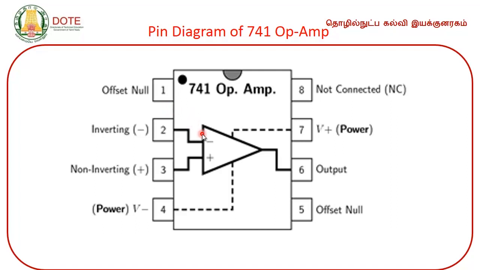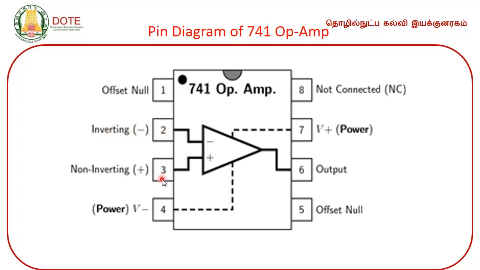So, we already discussed that an op-amp has 5 important terminals: 2 input terminals, an output terminal, and 2 power supply pins, right. So, there must be pins in the IC for these 5 terminals when you pack this device. Pin number 2 is one of the input pins called the inverting input pin.